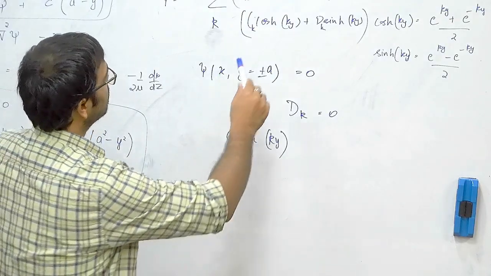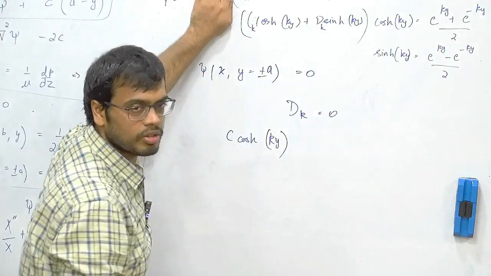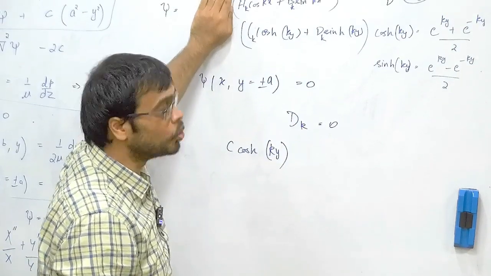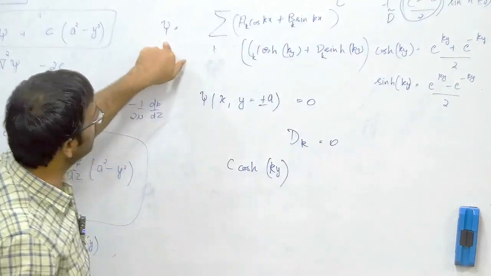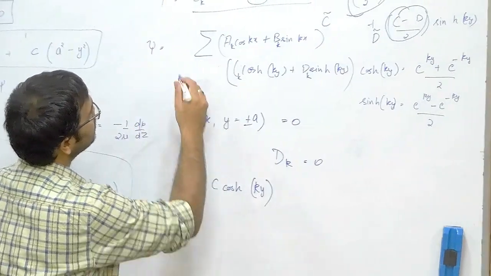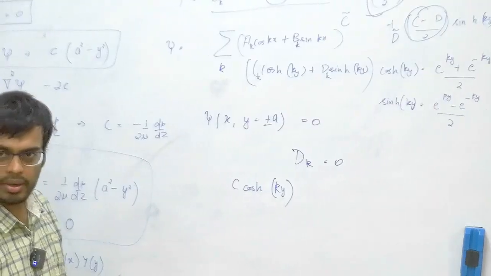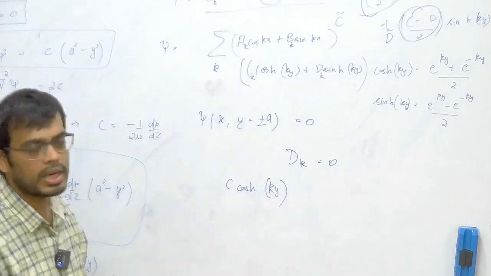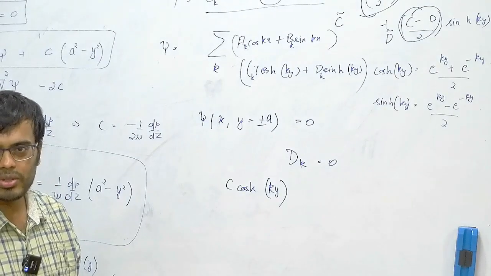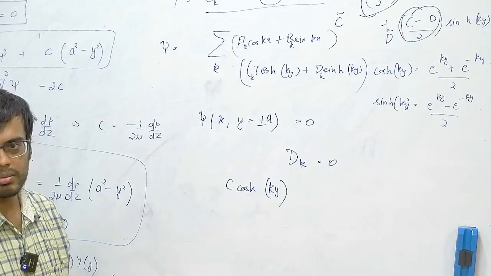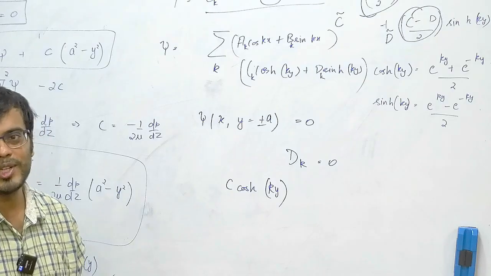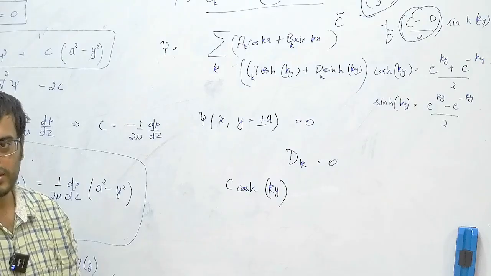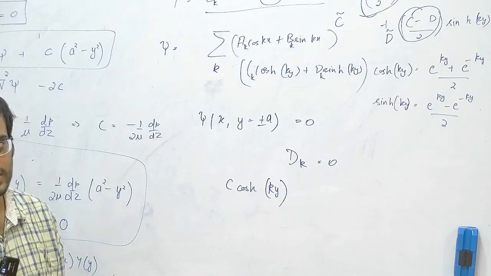So, each term within the summation you are making satisfy the boundary condition. Usually you have to satisfy the boundary condition for all of them combined. But of course, we do not even know how many valid values of k we have. So, then we will end up with an open system. You have infinite values of dk's, but you have, let us say, one equation or two equations, then you cannot solve anything, right.